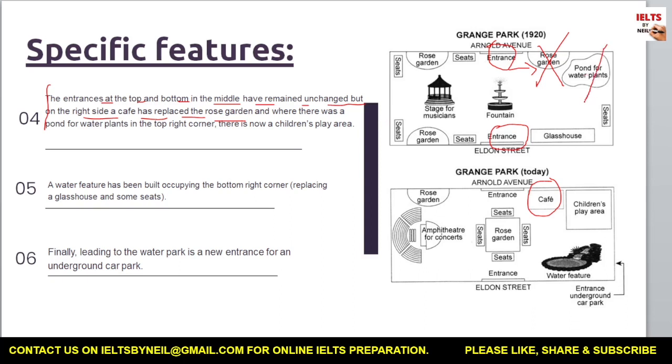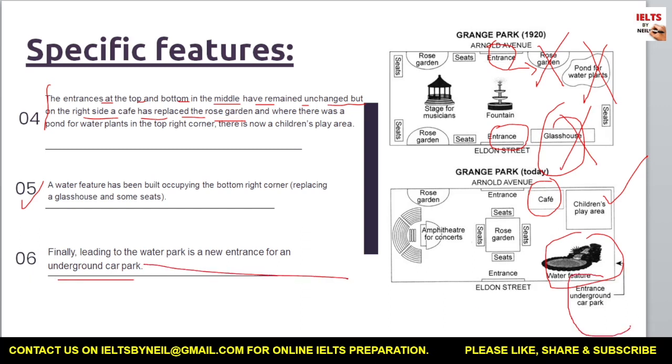Where there was a pond, now there is a children's play area, right? So this is another change. Now again, in the body paragraph, you have to talk about the detail, right? So first we look up for the general features, then we look for the specific features, okay? Now again, they're talking about glass house here being replaced by water feature, right? And underground car park here, they're talking about this. So these are some changes that we can notice here in detail, right?